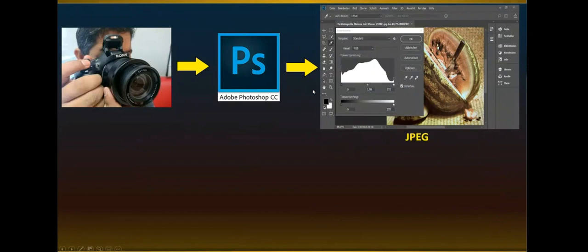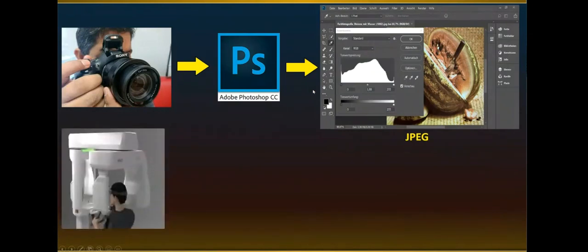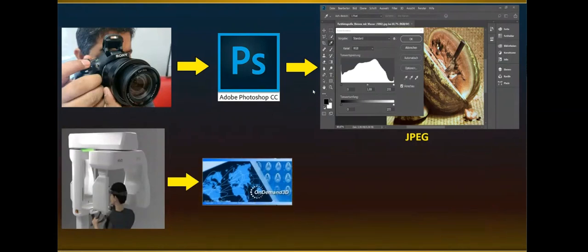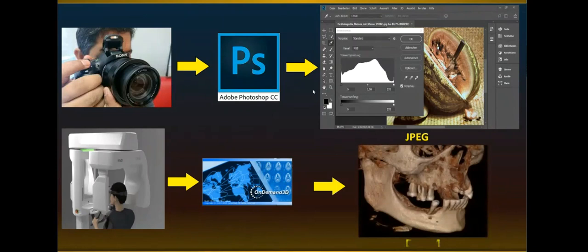Similarly here, we have a CBCT machine. When it captures a patient, this capture is imported to a third-party software, and this third-party software shows the data of the patient. But here it is in DICOM format. I'm going to speak in detail about this DICOM format.